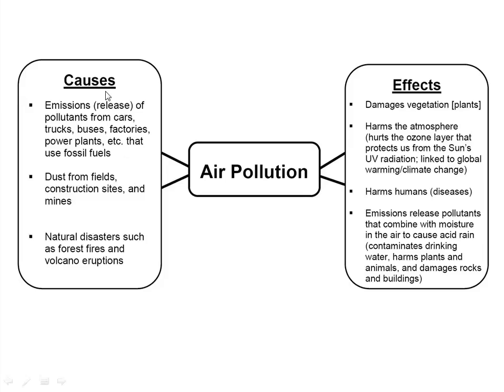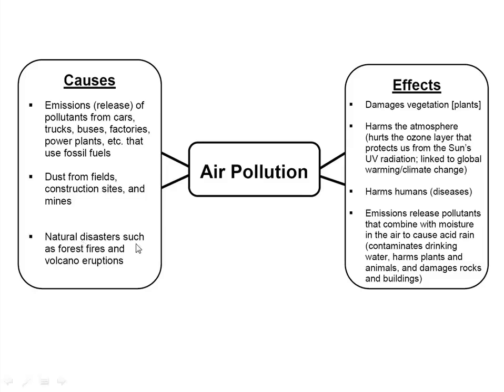So here the causes of pollution are emissions, which is the release of pollutants from cars, trucks, buses, factories, power plants, etc., and the excess use of fossil fuel. There is also dust from fields, construction sites and mines, which contributes to the increase of suspended particles in the air.